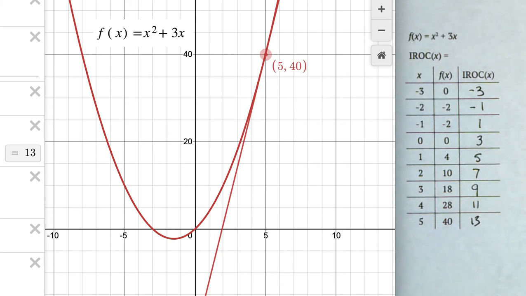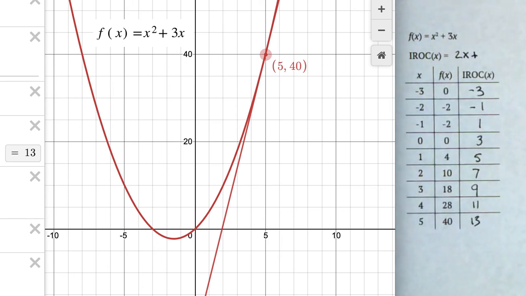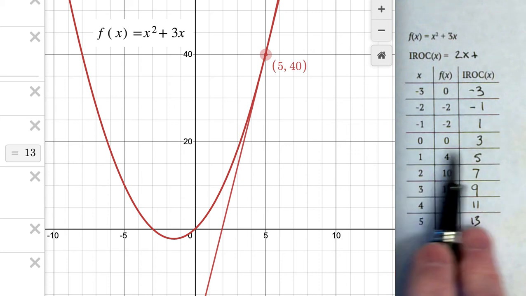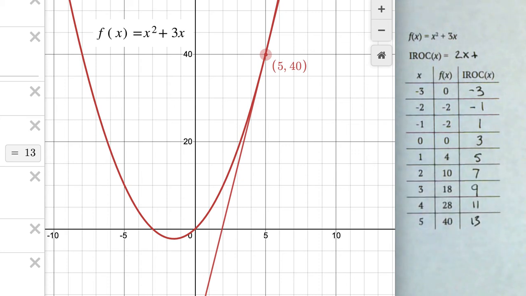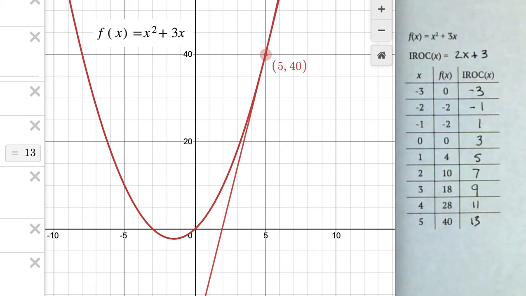So the instantaneous rate of change is linear with a slope of 2, so it's 2x plus something. And what's the something? Well, we have the y-intercept staring us in the face down here. When x is 0, the slope of the tangent, the instantaneous rate of change, is 3. So these instantaneous rates of change are 2 times the x-coordinate of the point plus 3.